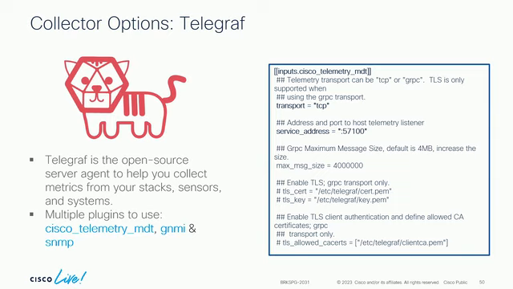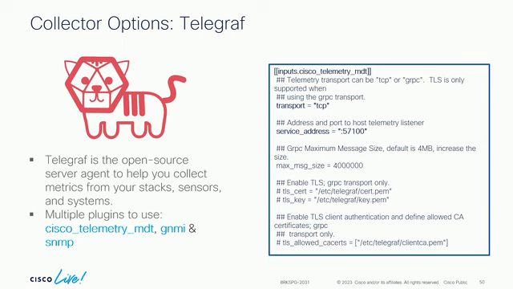Or if you want to dial into the box in case of gRPC, you will need to specify the IP address as well. Then some parameters about the message size, TLS if you want it to be available to you, and some other parameters. But basically, these are the first few lines needed for configuration.